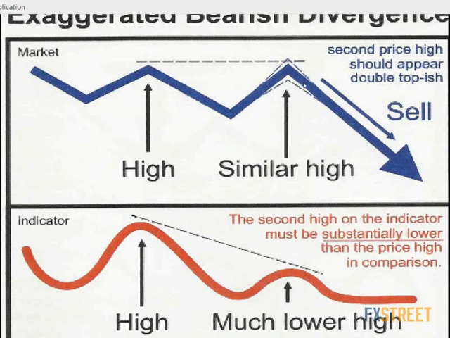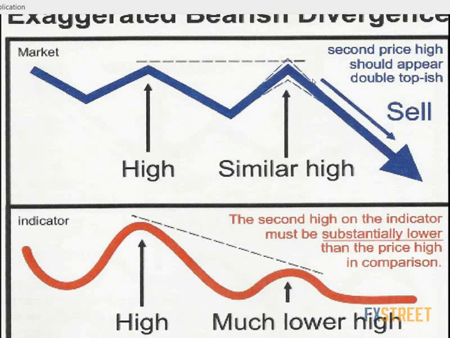It doesn't need to be a perfect double top. It can be a few pips up and down. It doesn't matter. But it looks like a double top. But your indicator is going down. So you have a double top on the price and a lower high, which is usually a much lower high, on the indicator.